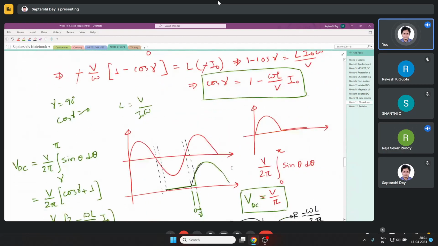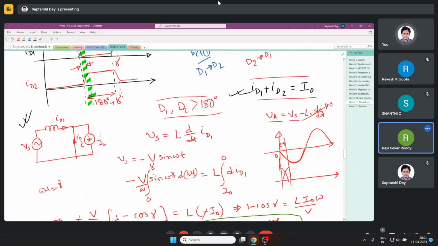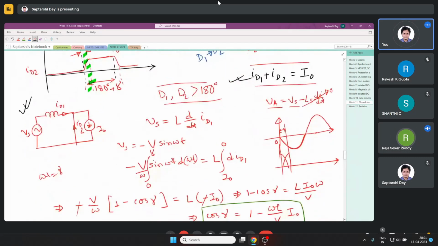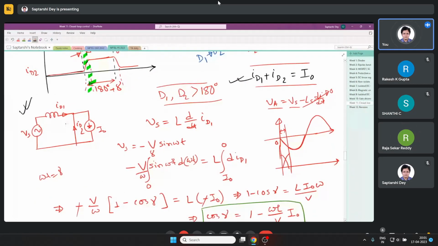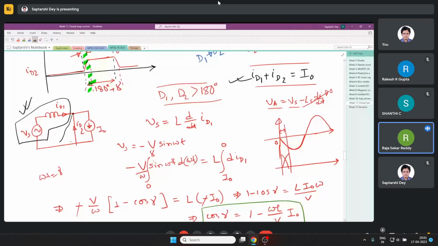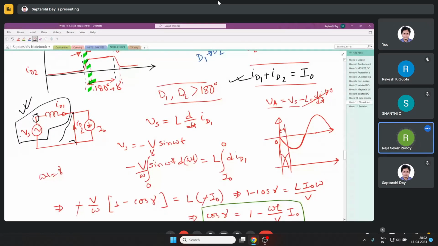Now I showed you that during the commutation period, basically what is happening is we are short circuiting the source. You see what I said, this is a source inductance, so this whole thing is your source. If you want to see the source voltage using an oscilloscope, you will connect a probe here and here. This point is not accessible to you, right? Yes, it will show 0.